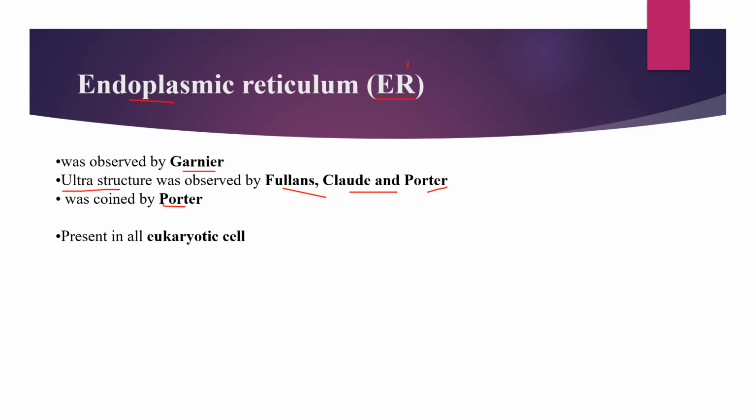So in which cells is endoplasmic reticulum present or not? Firstly, endoplasmic reticulum is a membrane bounded organelle, and as you know, membrane bounded organelles are present in eukaryotic cells.